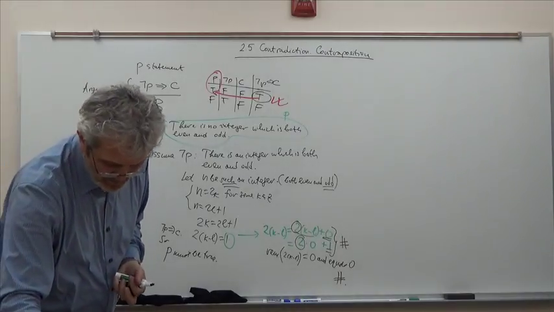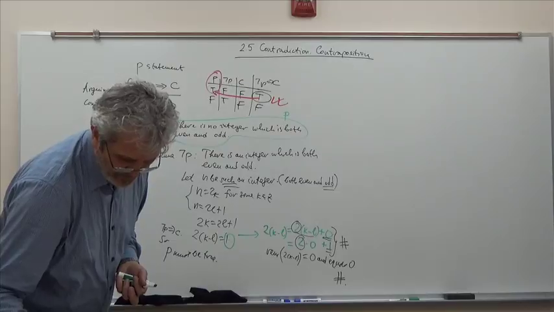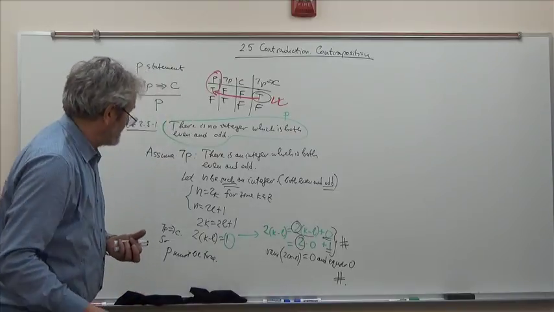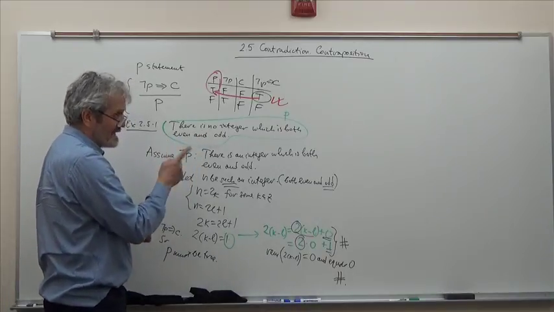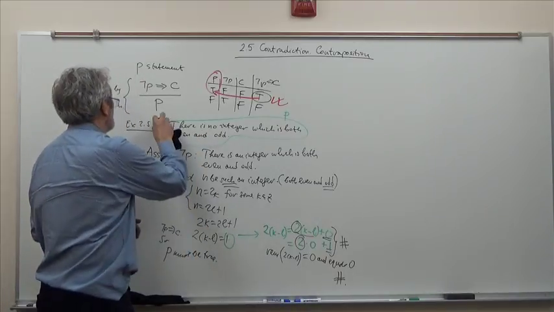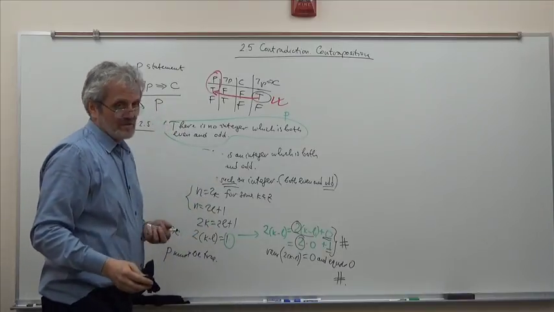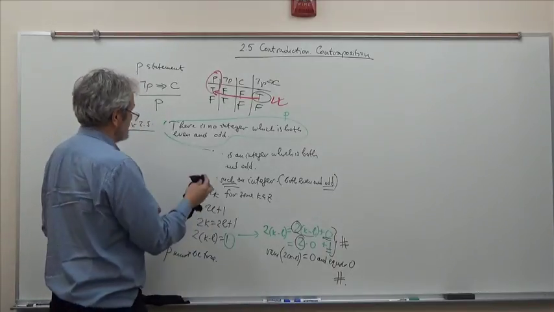And in the same way, we proved in example 252 that every integer must be one of those. Here we proved that no integer can be at the same time even and odd. So every integer is either even or odd, never both at the same time.